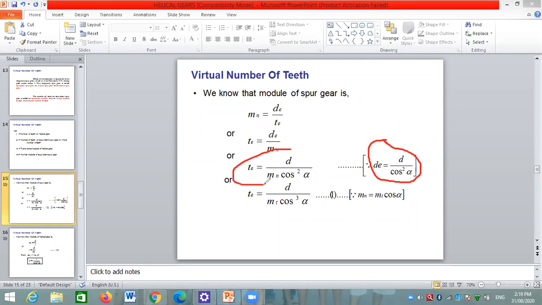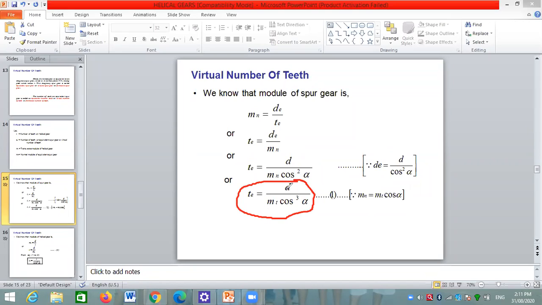Therefore T equivalent is equal to D upon Mn into cos square of alpha, where Mn is the normal module and alpha is the helix angle. If we put the value of normal module in terms of transverse module, then TE is equal to D upon Mt into cos cube of alpha.